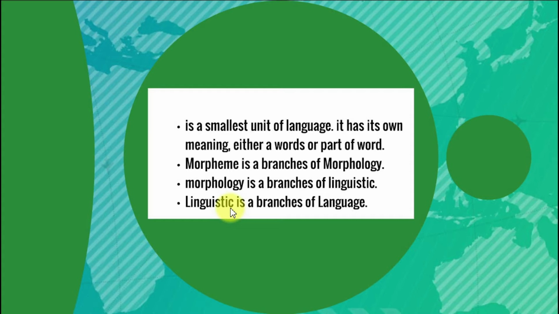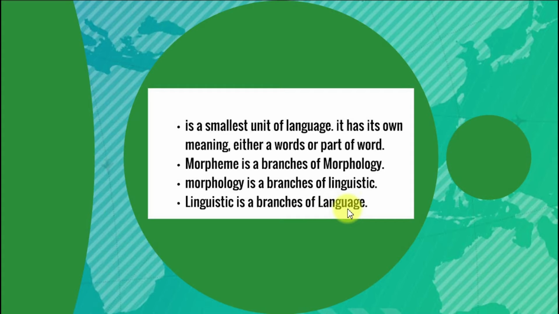The morpheme is a branch of morphology, and morphology is a branch of linguistics, and linguistics is a branch of language. Language of what? The English language.